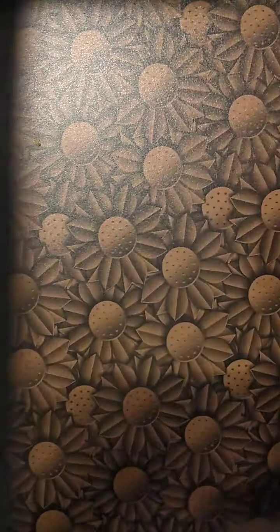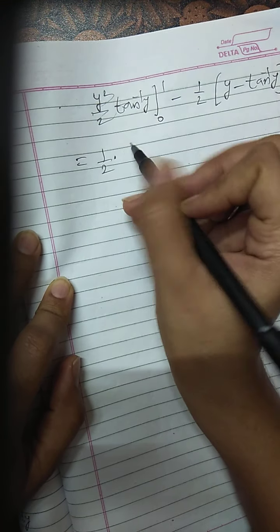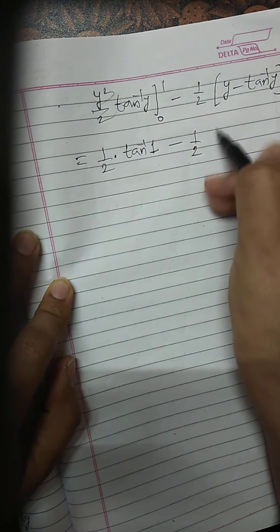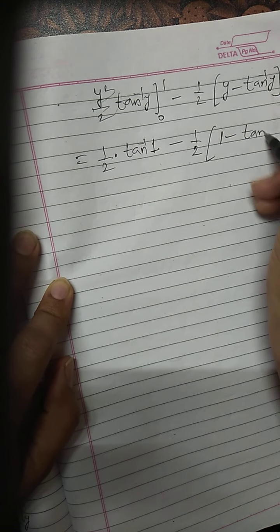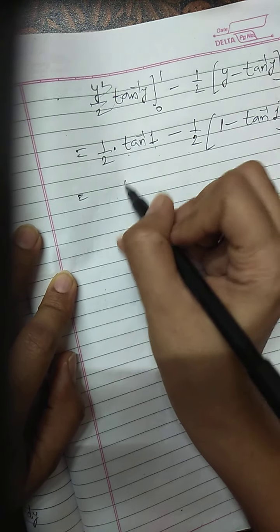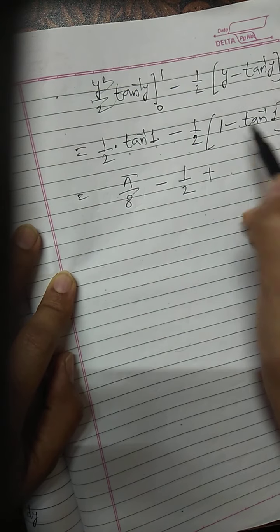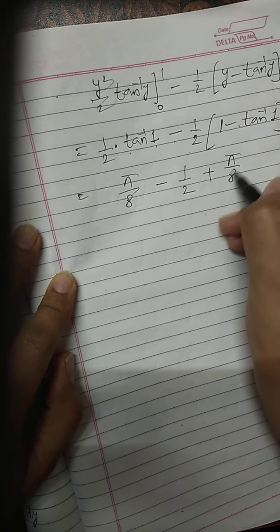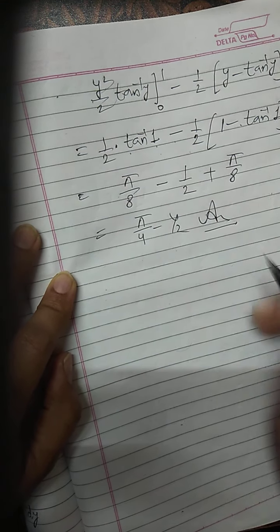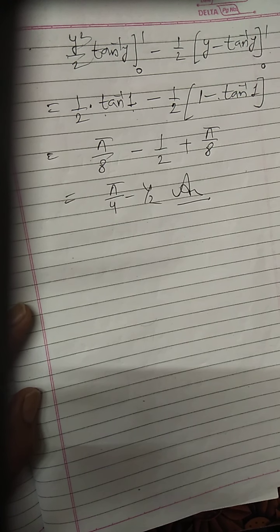So let us apply the limits. So this will be 1 by 2 into tan inverse 1 minus 1 by 2 as such, 1 minus tan inverse 1. So we are getting here tan inverse 1 is pi by 4. So here pi by 8 minus 1 by 2 minus minus plus again pi by 8. So it will be pi by 4 minus 1 by 2. This should be our answer for sum number 31.